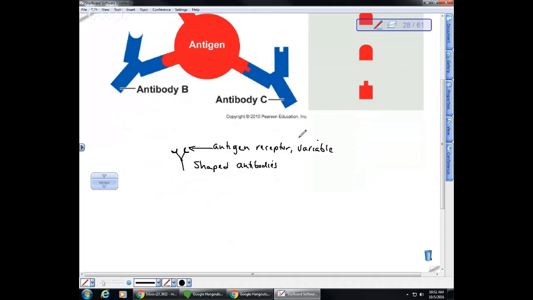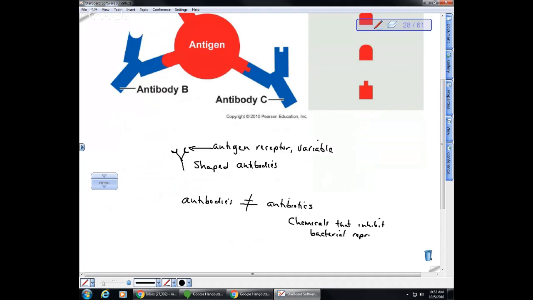Now, when you talk about antibodies, I want to dispel the idea that they are the same thing as antibiotics. Okay. So antibodies are not antibiotics. Antibiotics are particular chemicals that inhibit bacterial reproduction.